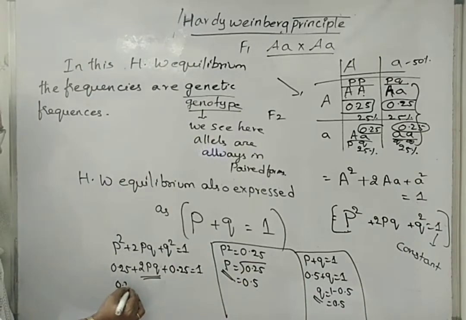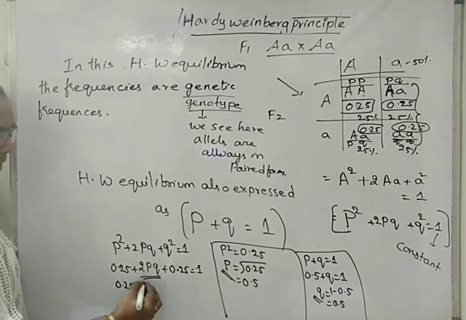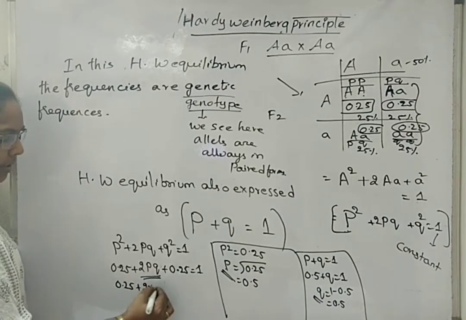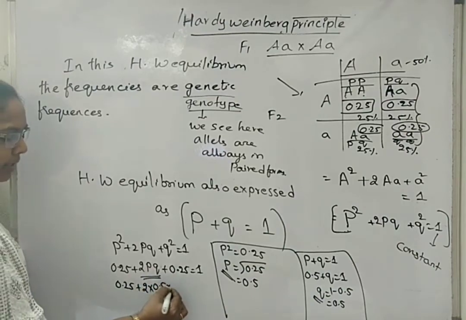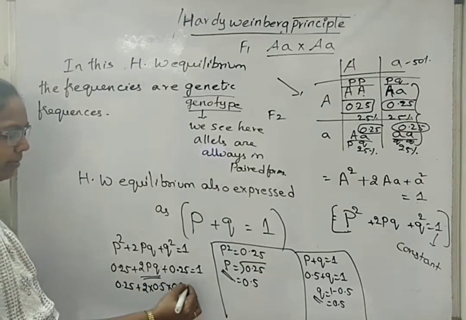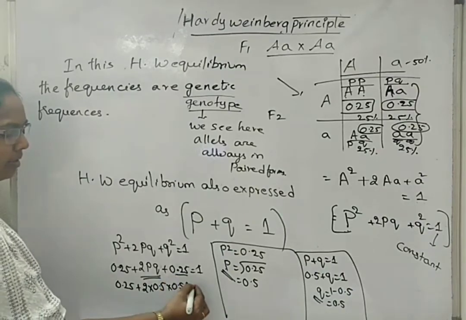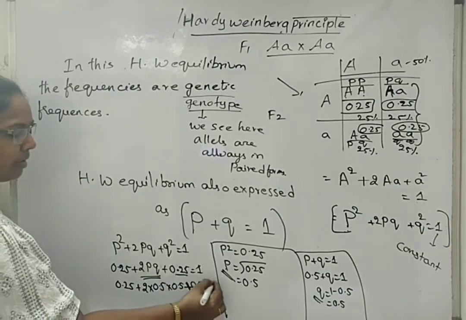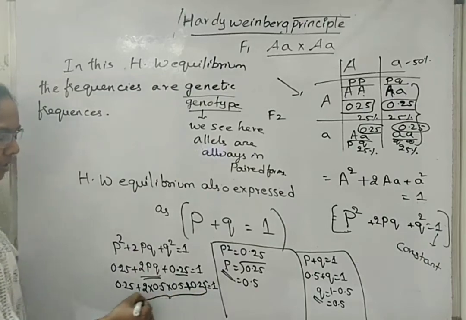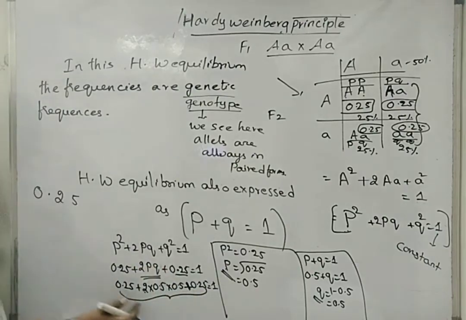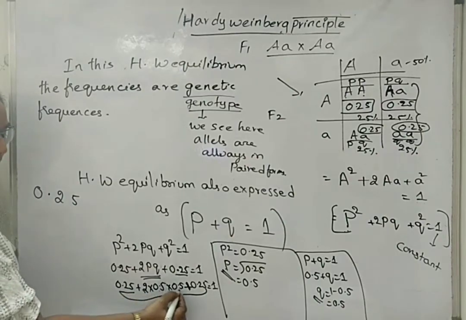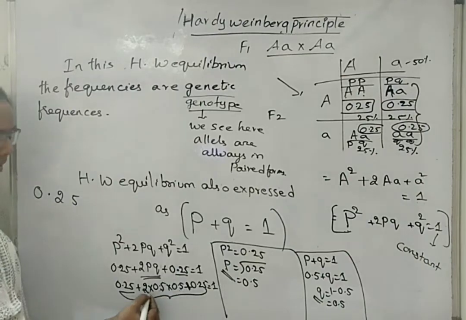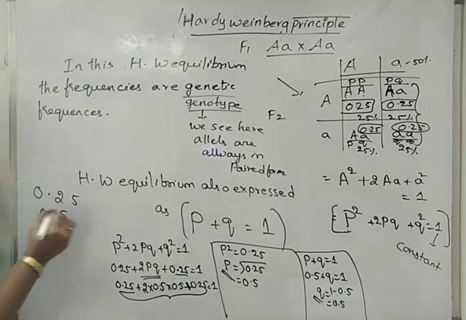So we fill in 0.25 plus 2 into 0.5 into 0.5 plus the value 0.25. If we add all these, we get the answer 1 only. With a little calculation, adding 0.25 plus 2 into 0.5 into 0.5, which is 0.25 into 2, the answer will be 0.5.